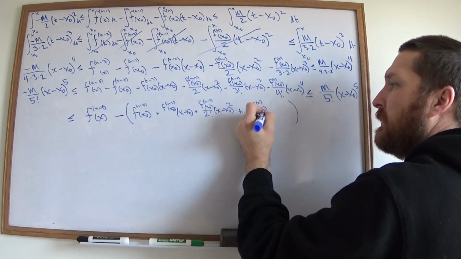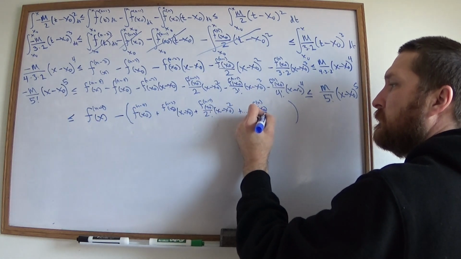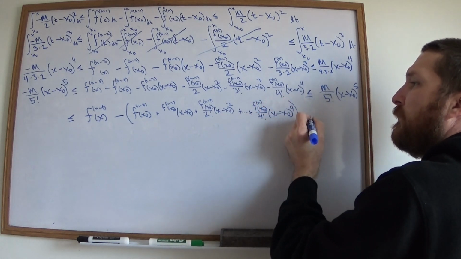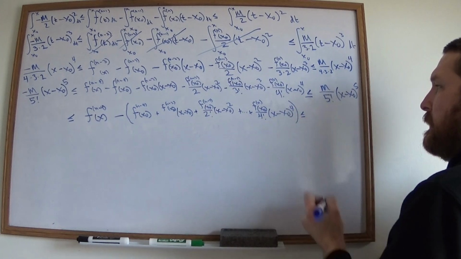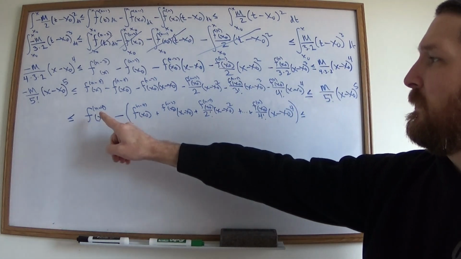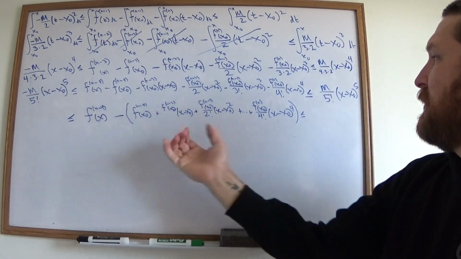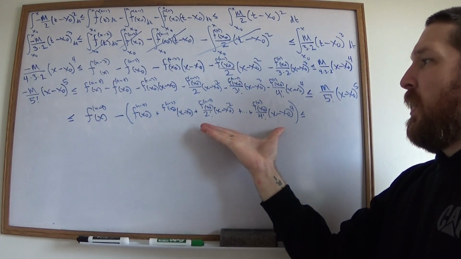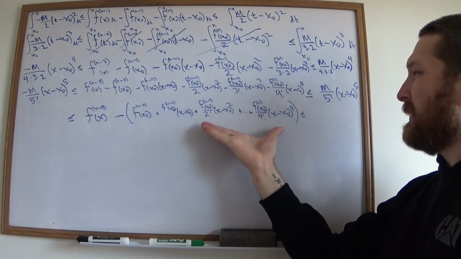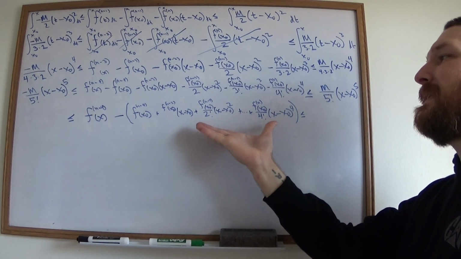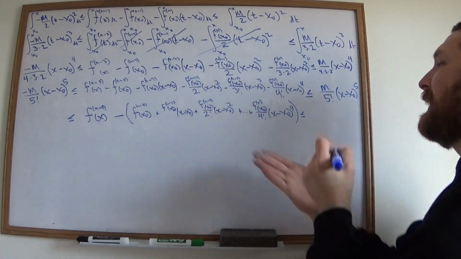It's always going to be the nth derivative. It's x minus x0 to the 4th. Okay, and so that's the n minus 4th derivative of f. We're not quite to the Taylor approximation yet, but we could see that if we keep going, we're going to get there.